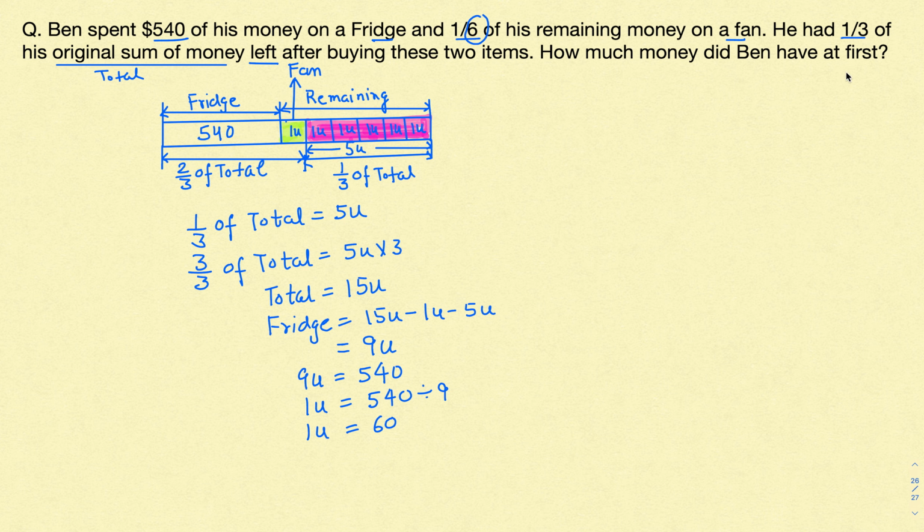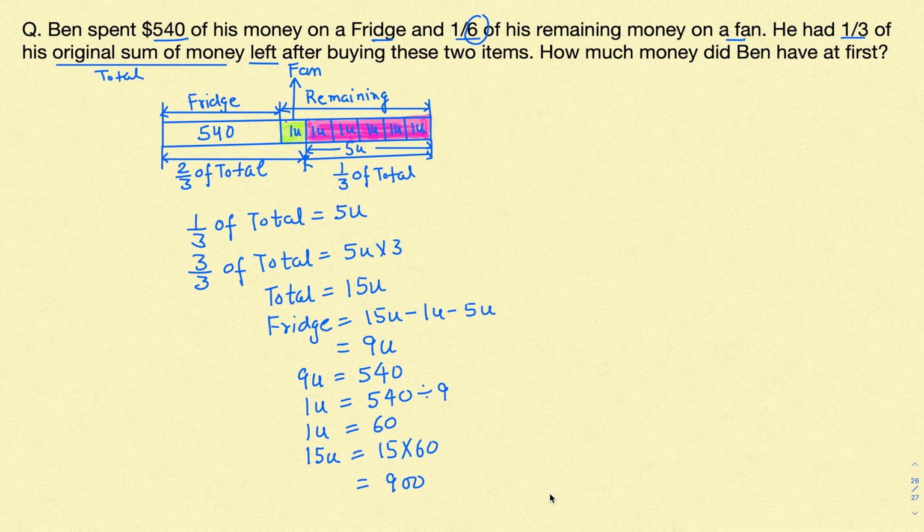Now let's read the question. How much money did Ben have at first? Meaning, what was the original amount of money he had? And we know the original amount of money in terms of units is 15 units. So if 1 unit is 60, 15 units should be 15 times 60, and that will give us $900.